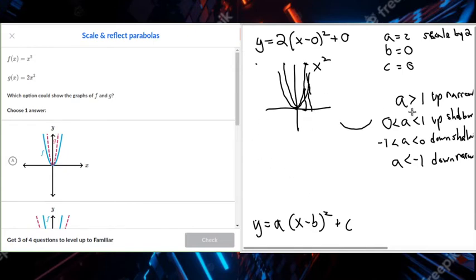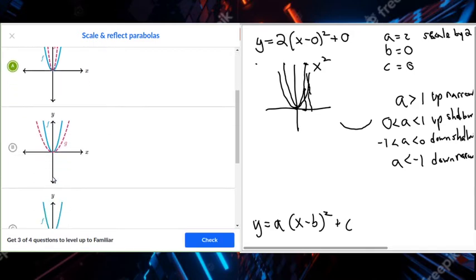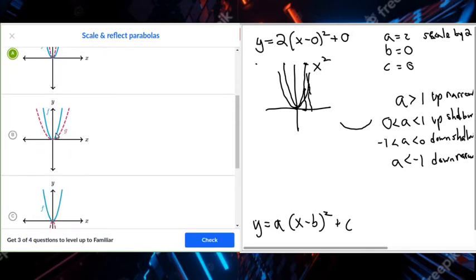So what we can see is if we have an a of 2, then we're going to be going up, and it's going to be narrow. So my g should look like that. Let's look at some of the others. This one is open more. So this one, a is going to be less than 1. Still positive. It's going up, but it's going to be less than 1. So whatever value I have here, I'm taking half of it.